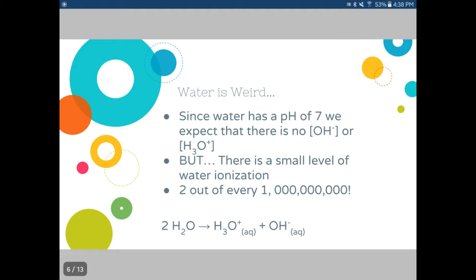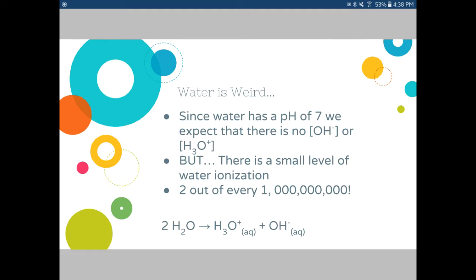So we also have this principle of water called water ionization. Now, water is kind of a weird entity. We see that water has a pH of 7, so it's a neutral entity, and it's not acidic or basic. So we know that it has no OH- and no H3O+, and it's a molecular compound, so we would expect no conductivity. But when we put a conductivity meter in, we see that there is a very, very small level of conductivity.